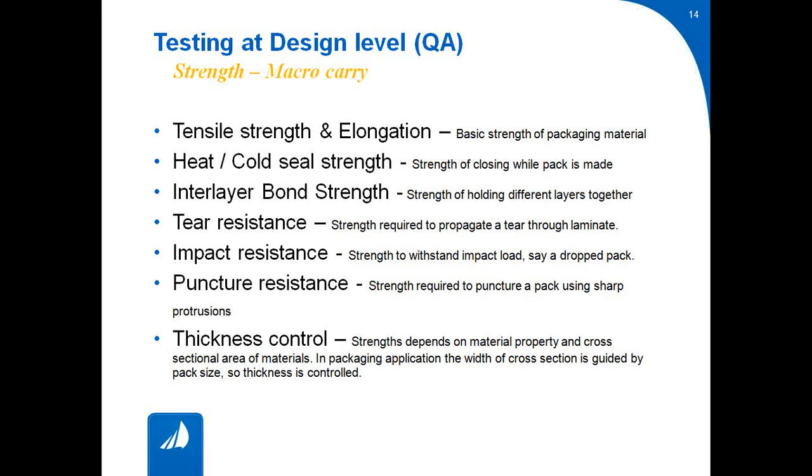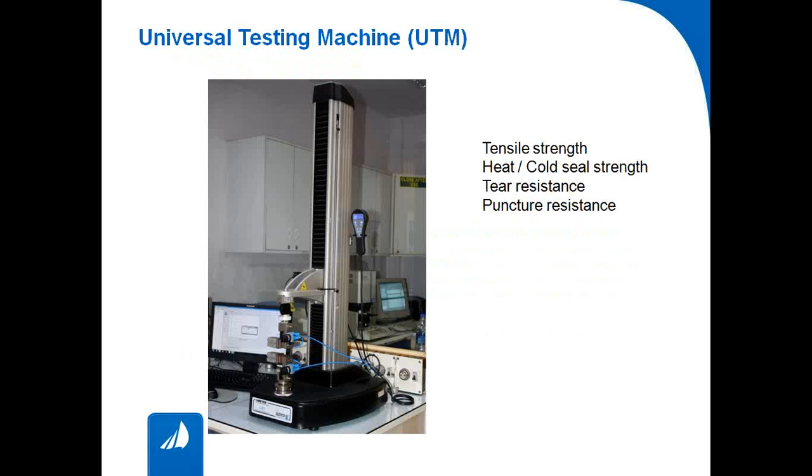As the length and width are not in our control, because that's controlled by the volume of the pack that we have to create, we control the thickness of the material. How do we do that? There is something called a universal testing machine where we check the tensile strength, at what tensile load it tears off.